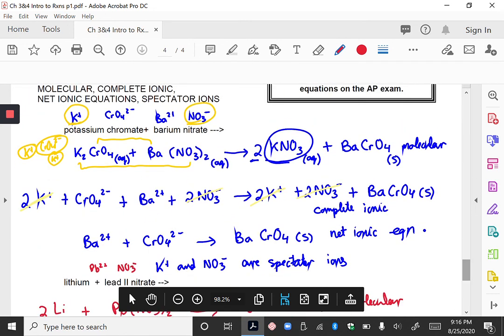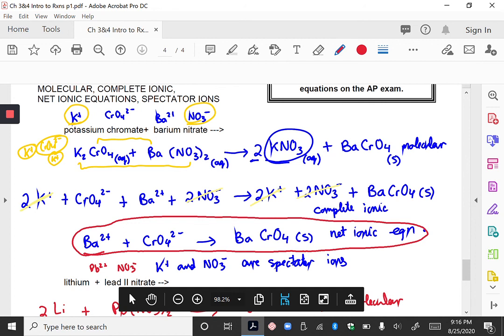Last thing I'm going to mention here is if you're asked for the net ionic, let's say you're looking for this reaction right here. You probably need to write the molecular first, this right here, but you might be able to skip the complete ionic. For some of you, you'll need to write out the complete ionic to be able to see what the net ionic is, but for some of you, once you see this, you might be able to get to this right away. How would you do that?